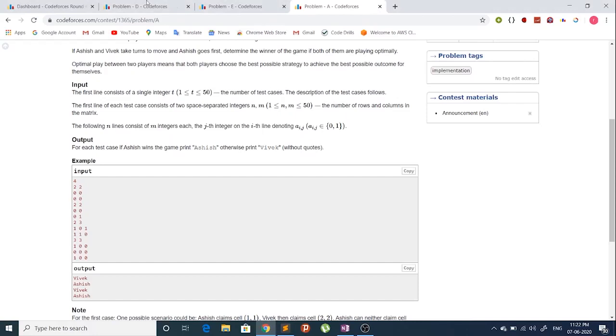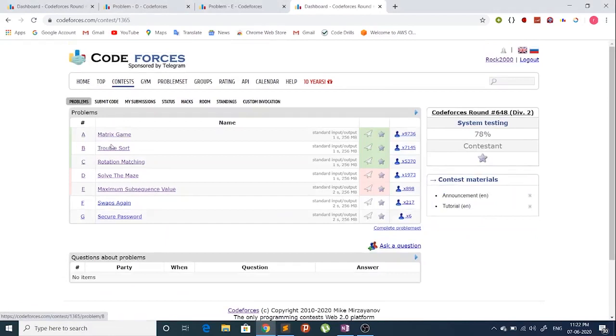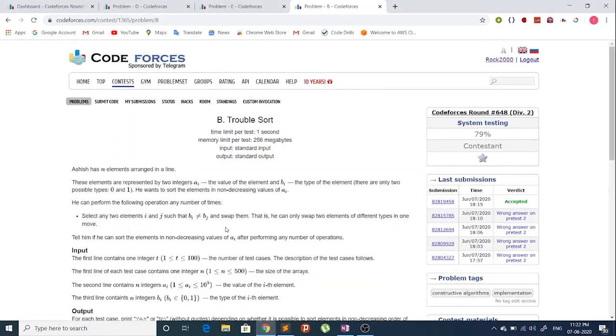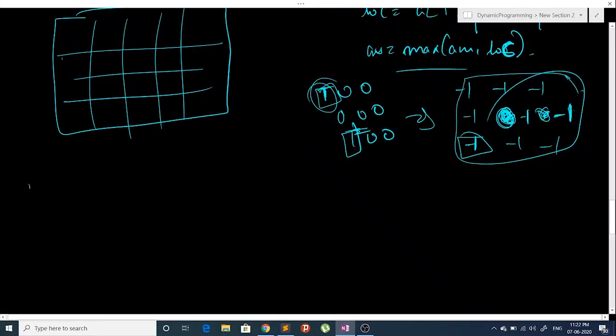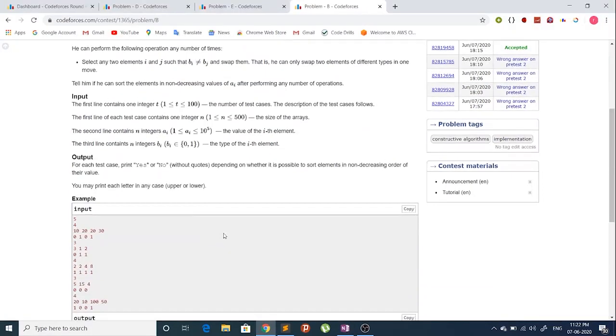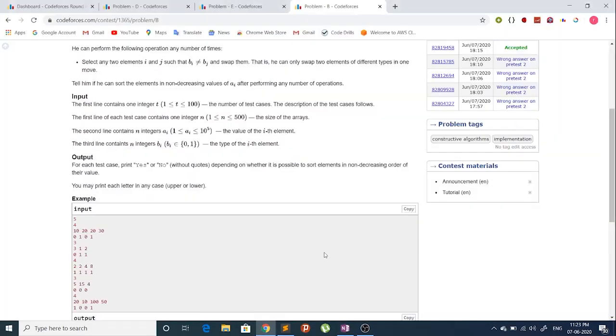Now let's discuss problem B. Problem B was Trouble Sort, and in this problem we have two arrays A and B. We have array A like 10, 20, 20, 30, and B like 0, 1, 0, 1.